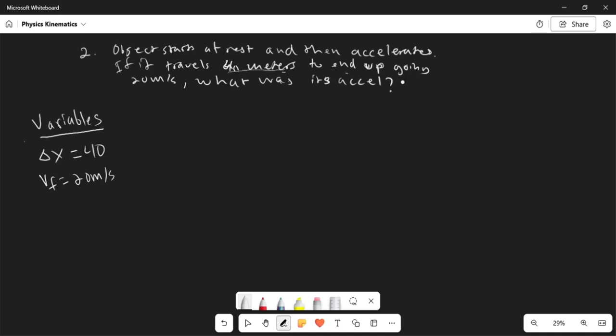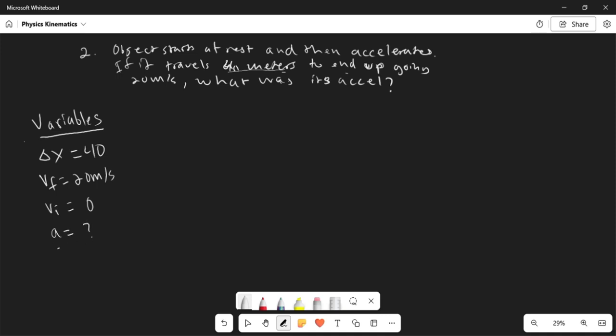At the end, it ended up going at 20 meters per second. And then we're just trying to find the acceleration, right? But it says the object starts at rest. So since the object was starting at rest, the initial velocity is 0. So we're trying to find the acceleration.